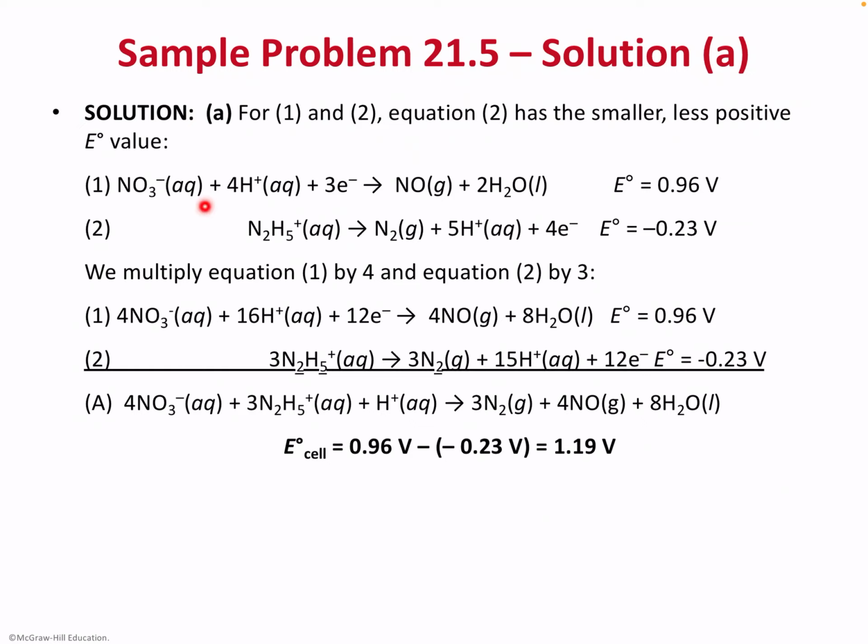And then we need to multiply if needed to make the electrons balanced. So the first one, nitrate, 4H plus, 3 electrons. This reaction you're going to write as it is. For 1 and 2, equation 2 has a smaller, less positive E naught value. So this one, you reverse it.